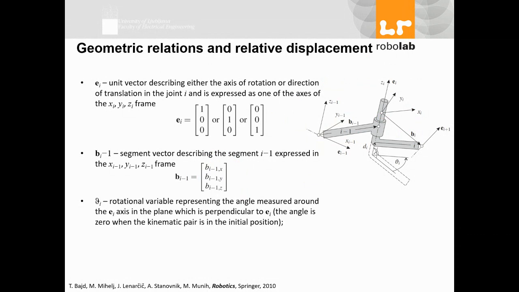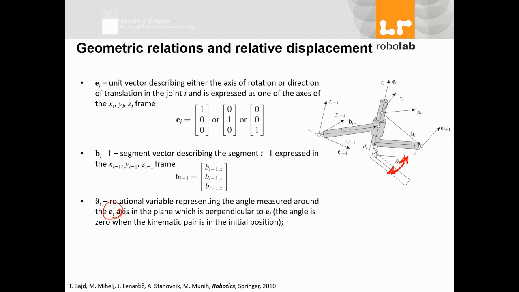Theta tells me how much, in terms of angle, I'm rotating. Segment I can rotate versus the segment I minus 1 system. So theta is the rotational variable representing the angle measured around the E axis.